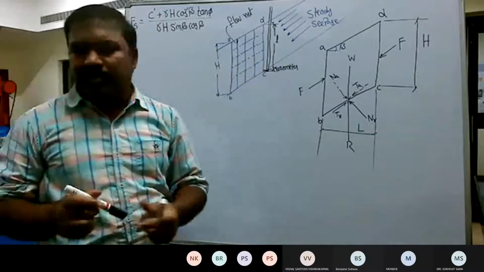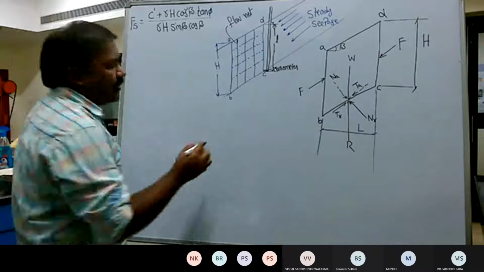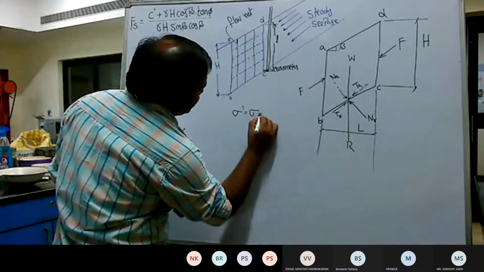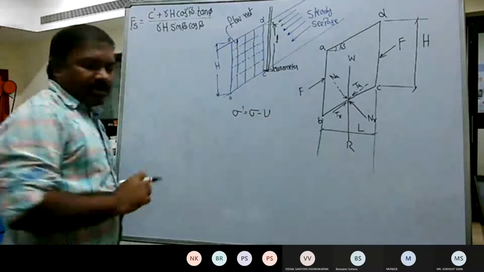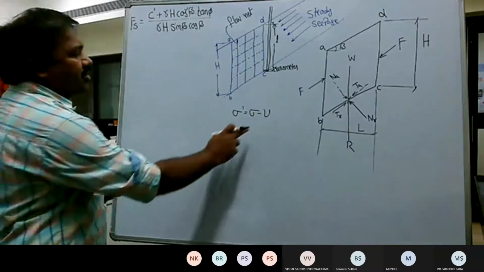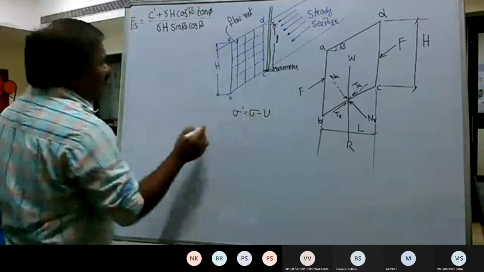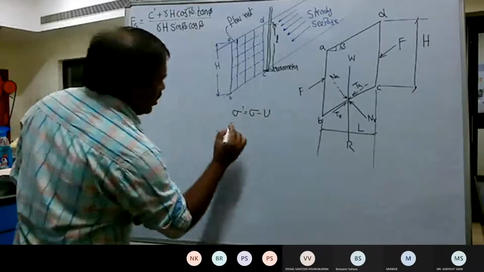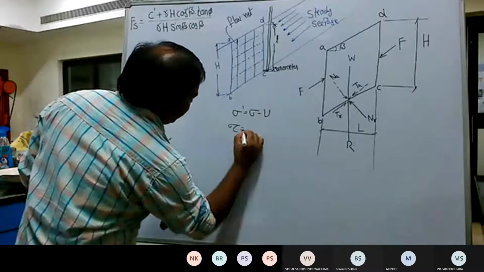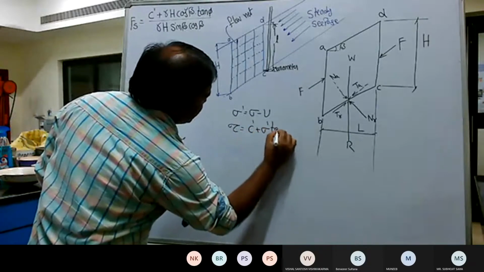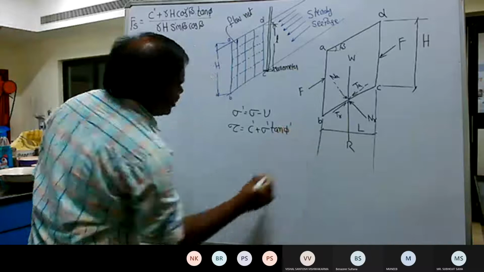For that purpose, suppose you take the effective stress condition, that is sigma dash equals sigma minus u, total stress minus pore water pressure. This is one of the simplest ways of incorporating it. Now, if you look at the shear strength equation, tau equals C dash plus sigma dash tan phi dash.